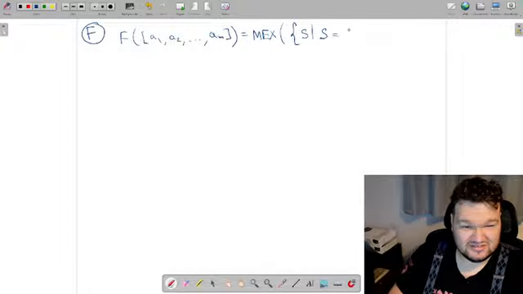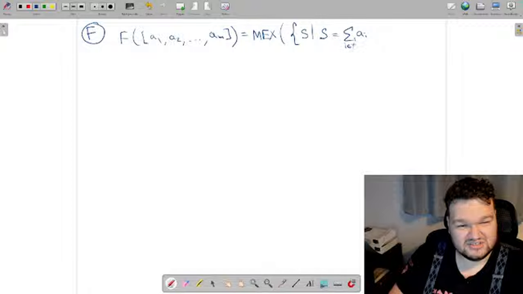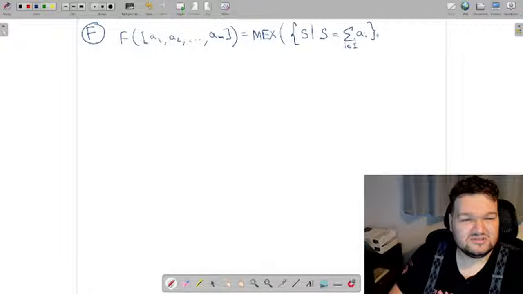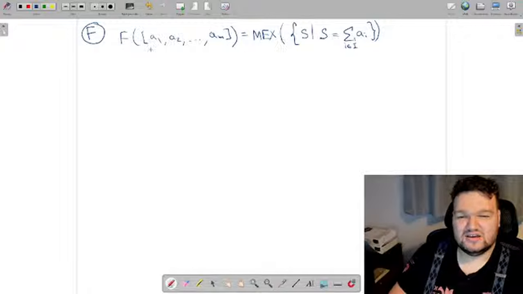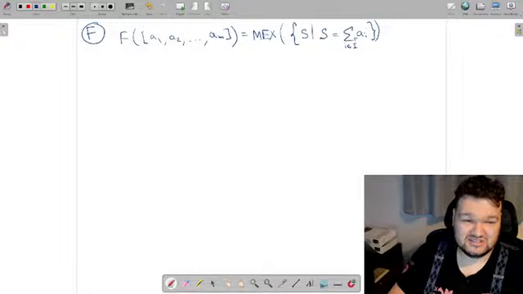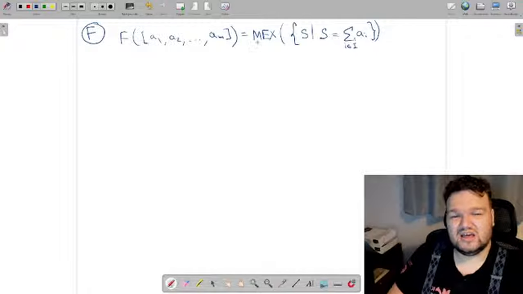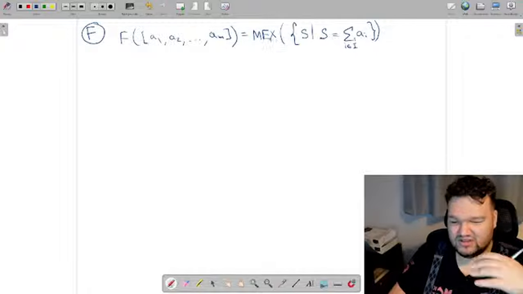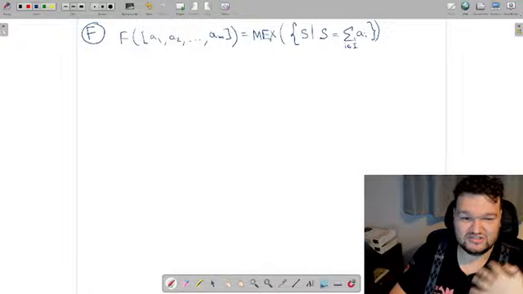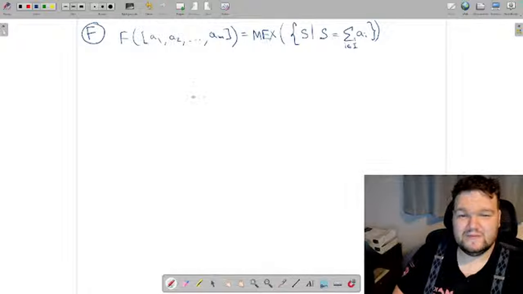For an array, we create a set of all sums that can be chosen, a sum of some subsequence. Then for that set, we find the minimum excluded, the smallest value which is not present in that set.